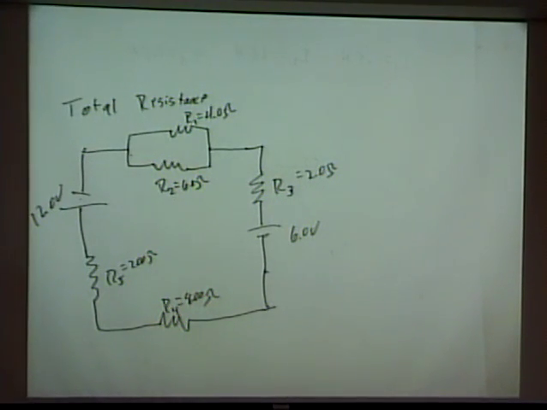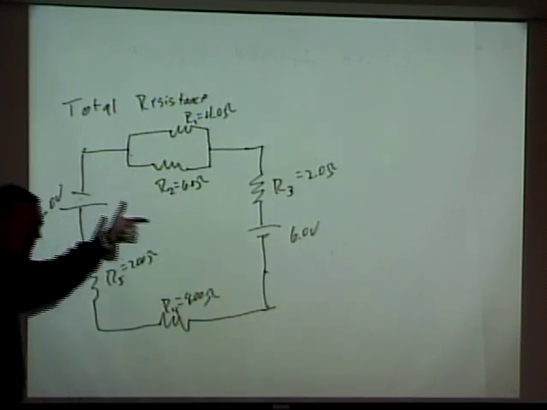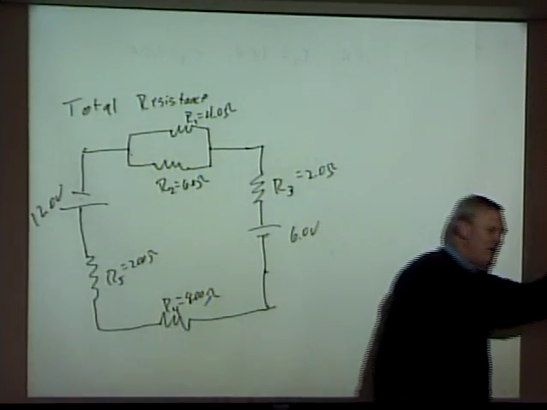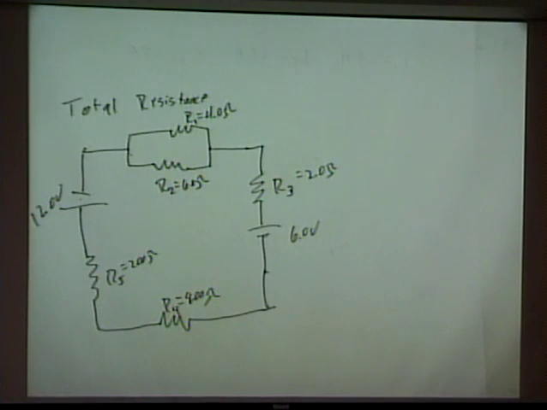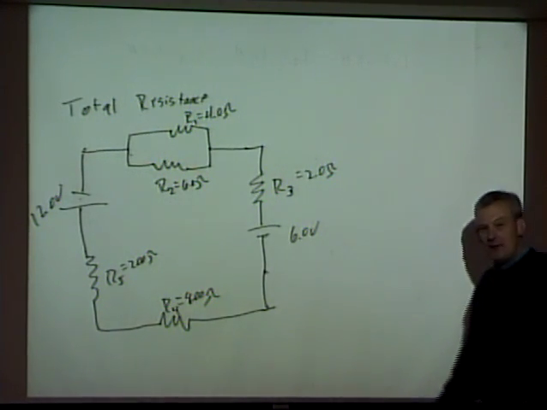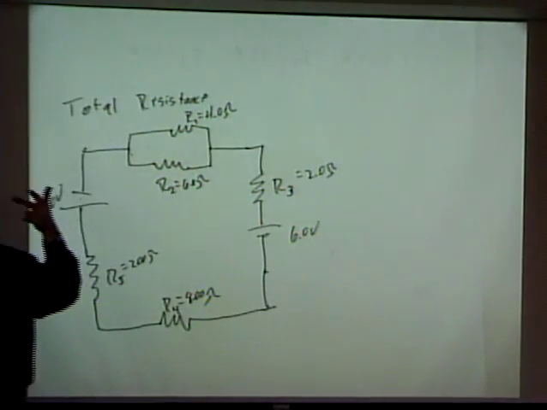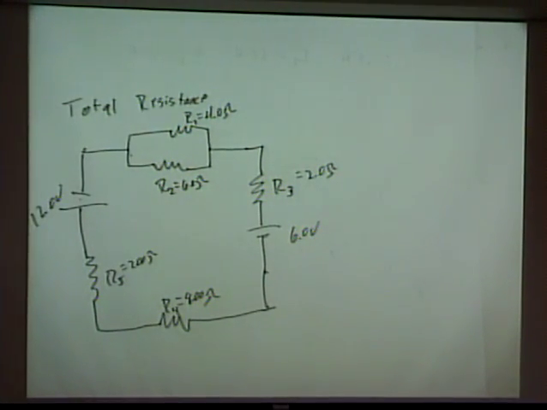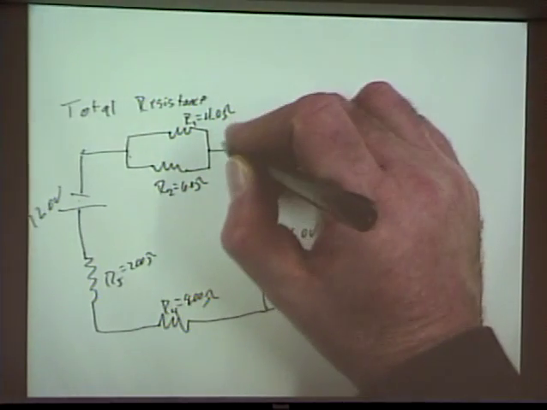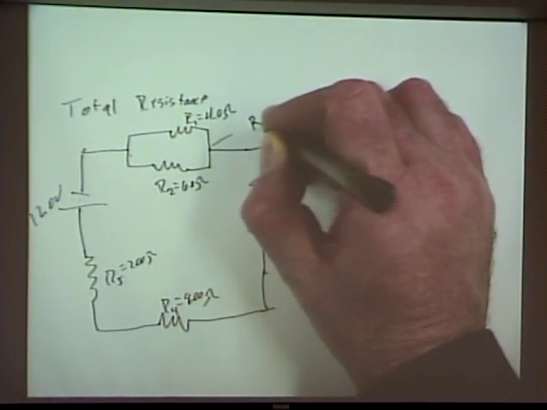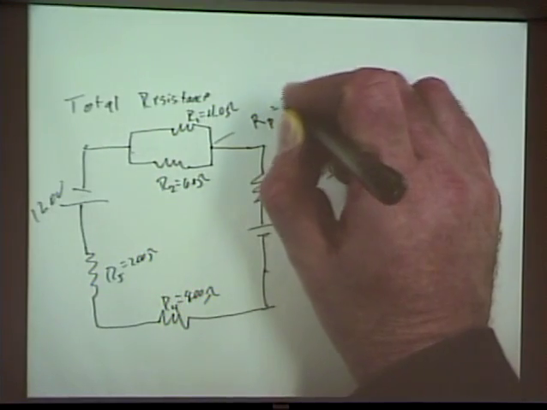And then what are these guys? 1 over 4 plus 1 over 6. No, you don't need a decimal. 1 over 4 plus 1 over 6. What's the common multiple here? 12. So you've got 3 over 12 plus 2 over 12. So you've got 5 over 12. Is that the resistance? No, you got to flip it. 12 over 5 becomes what? 2.4, right? Yeah, so this resistance in parallel here is 2.4 ohms.